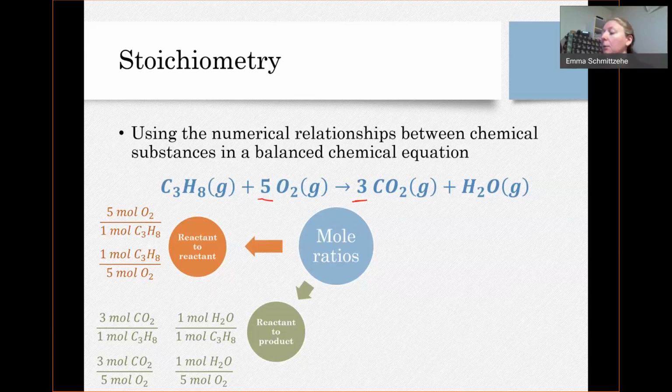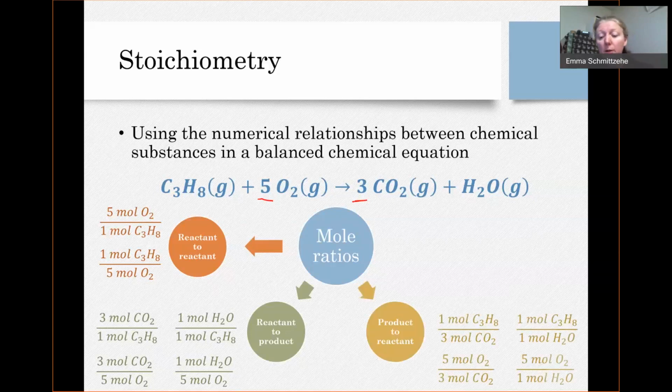Okay, we could also reverse that process. We can take some amount of product and figure out how much reactant we need. So that's a pretty common scenario. A lot of times we're doing this reaction because we want a certain amount of product. And so we can start with what our goal is, what we're trying to get, and we can convert that product back to reactant to quantify how much reactant I need to start with to get my goal.